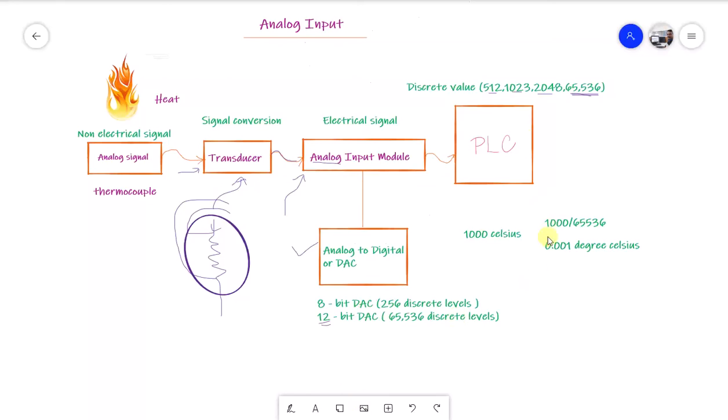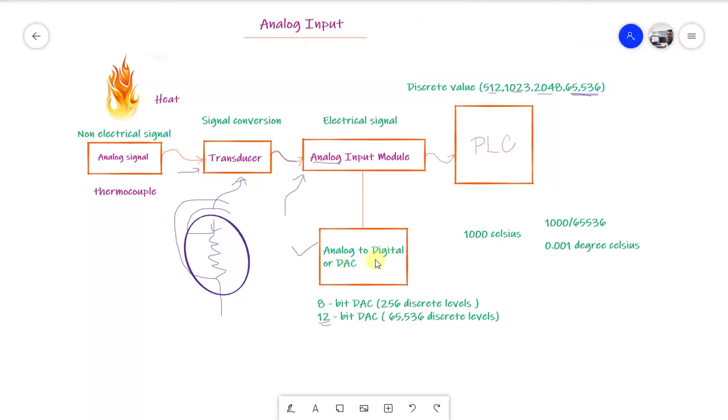So it gives very low resolution. We will see in the next session about this resolution. Just understand that as the resolution increases, the smallest value which you can read becomes finer, so that it is very good for you.